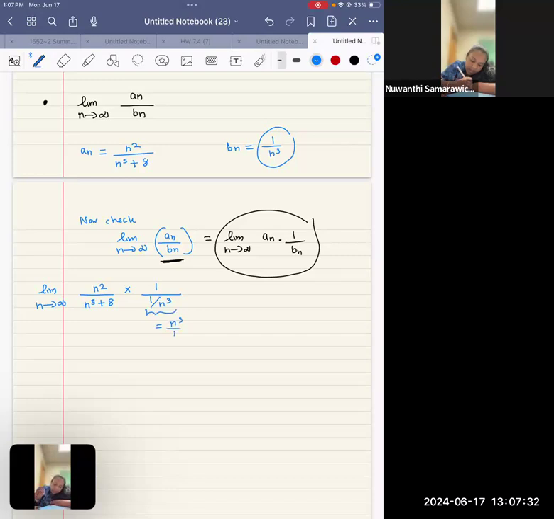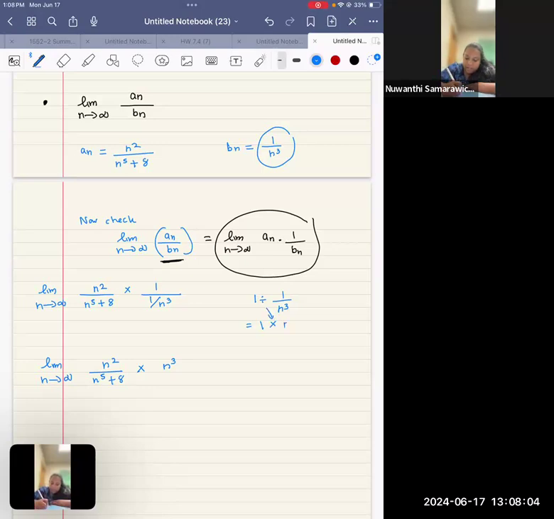Because 1 divided by 1 over n cubed, if you change it to multiplication, the right hand side flips.